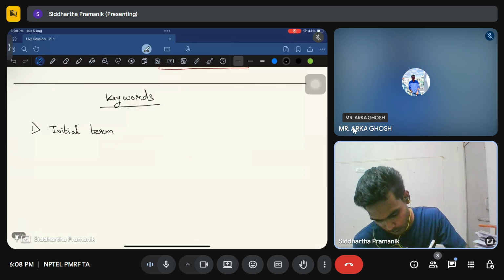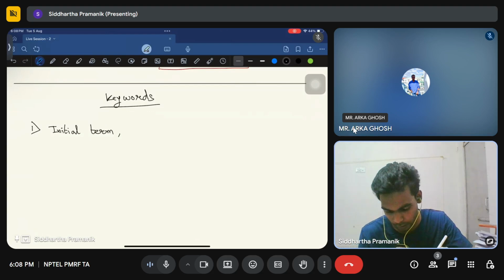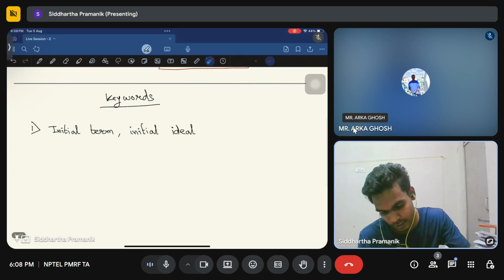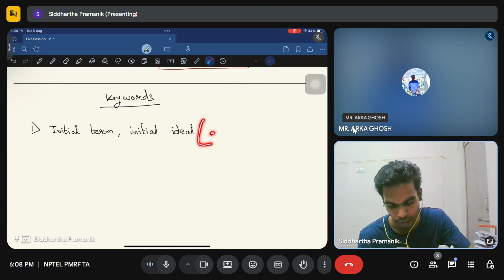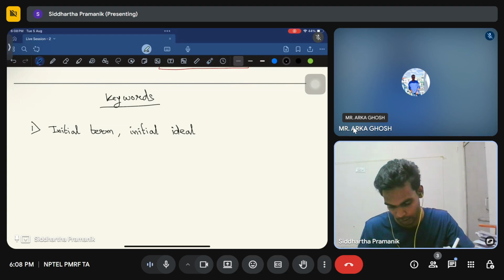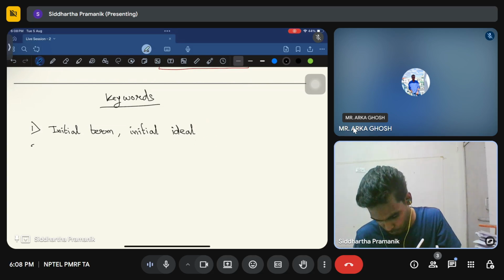Then we have defined what we mean by initial ideal. Initial ideal is basically a process to get a monomial ideal from an arbitrary ideal in a polynomial ring. And then we have proved the celebrated Hilbert basis theorem in a particular case.